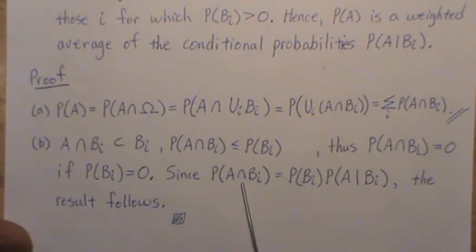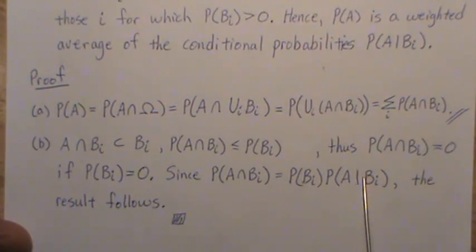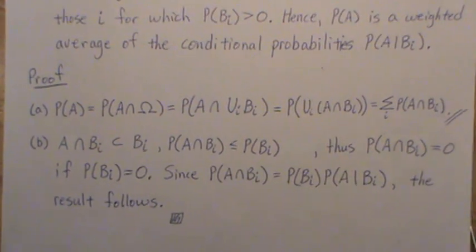Now, we know that the probability of this intersection is equal to the probability of Bi times the probability of A given Bi. Often you see this piece divided down here, and that's the conditional probability. But if it's multiplied up, then this relationship still holds. Given this, the result follows, right? That it is true. And the theorem's proven.